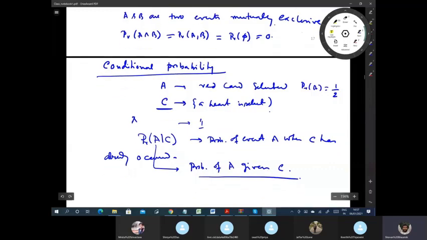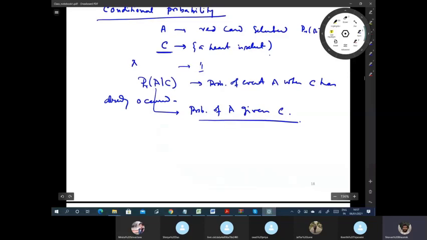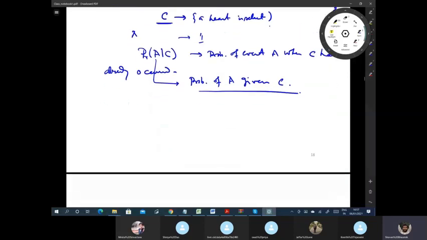So we have the concept of how conditional probability comes into the picture.